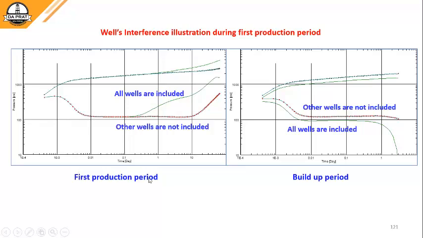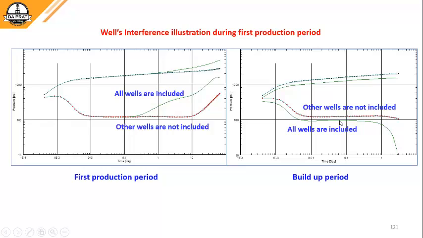So here during the first production period, if I don't consider the other wells, then you're going to have something very textbook, which is your radial flow, and finally you're going to try to go to the steady state, which is the limit. But if you include the other wells, this deviation here is not due to discontinuities, it's due to well interference.